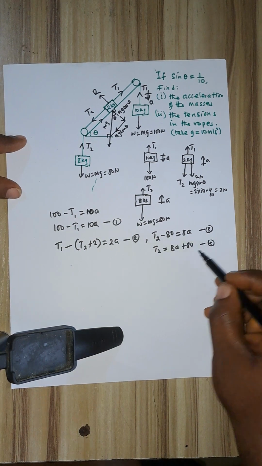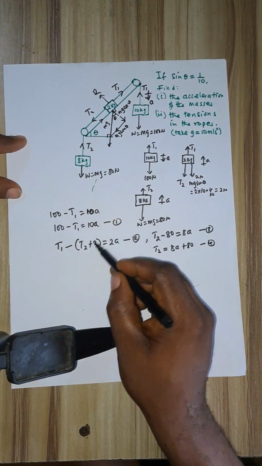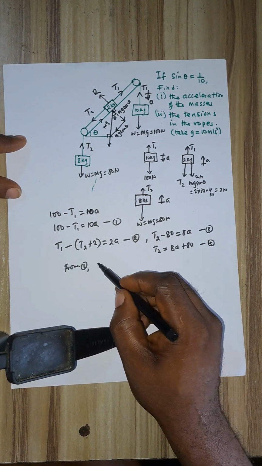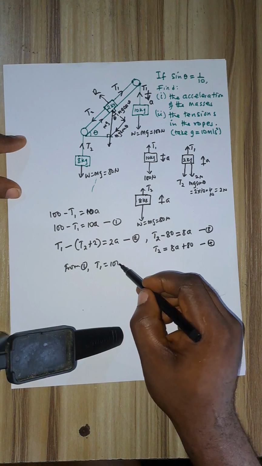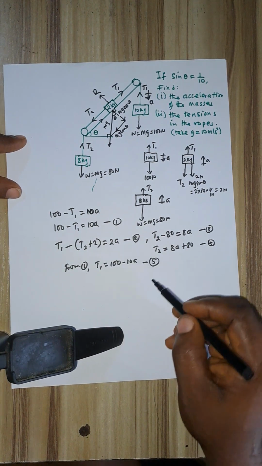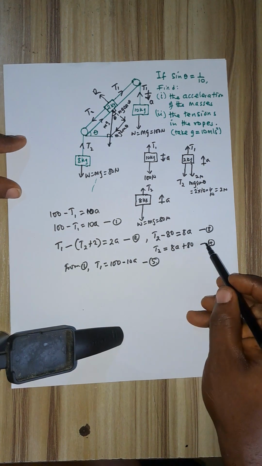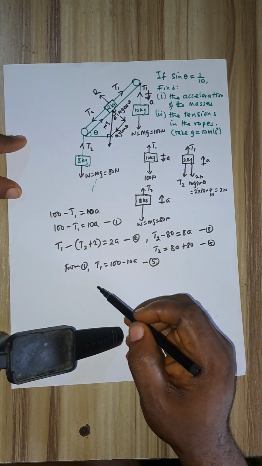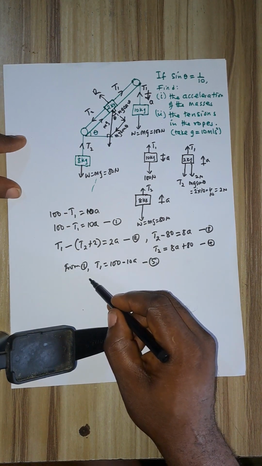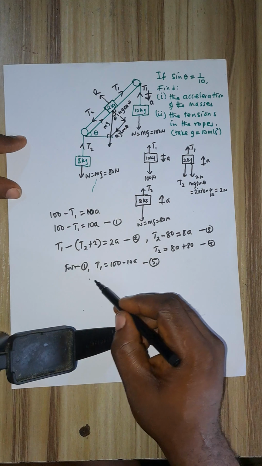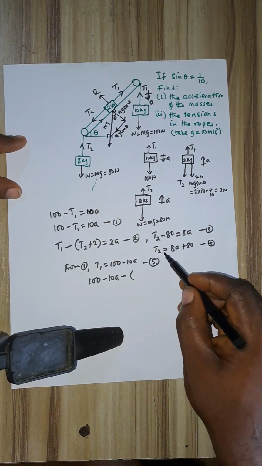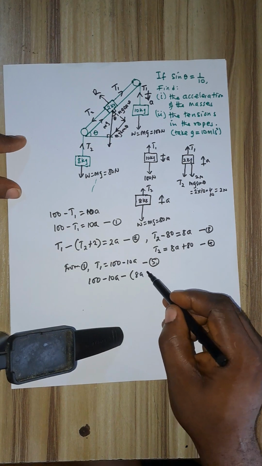We call this equation 4. Now from equation 1, T1 is 100 minus 10a. We call it equation 5. So we use equations 5 and 4 in 2. Recall that 2 gives us T1. T1 is 100 minus 10a. T2 is 8a plus 80.